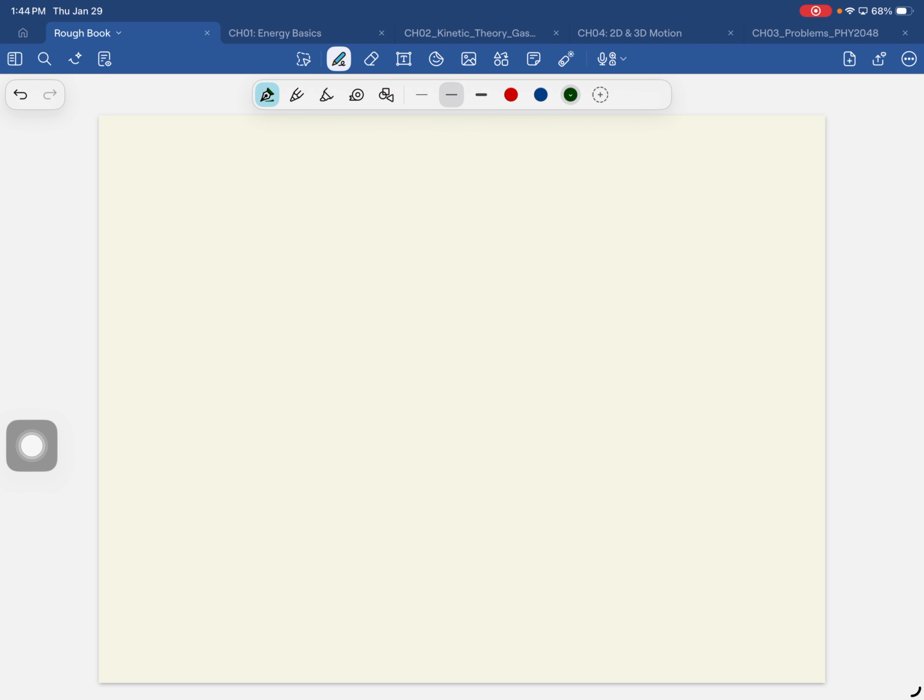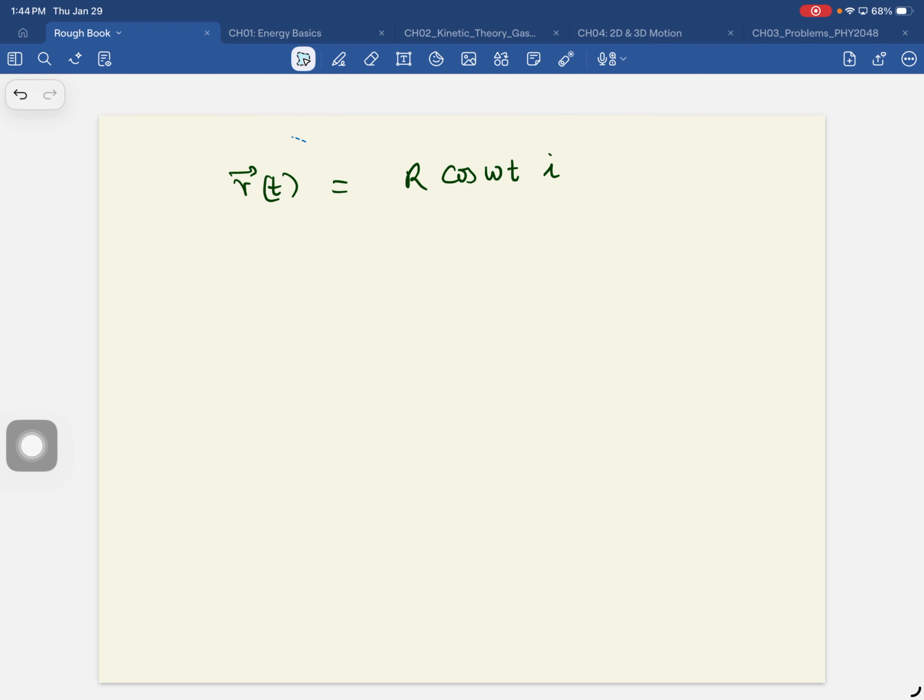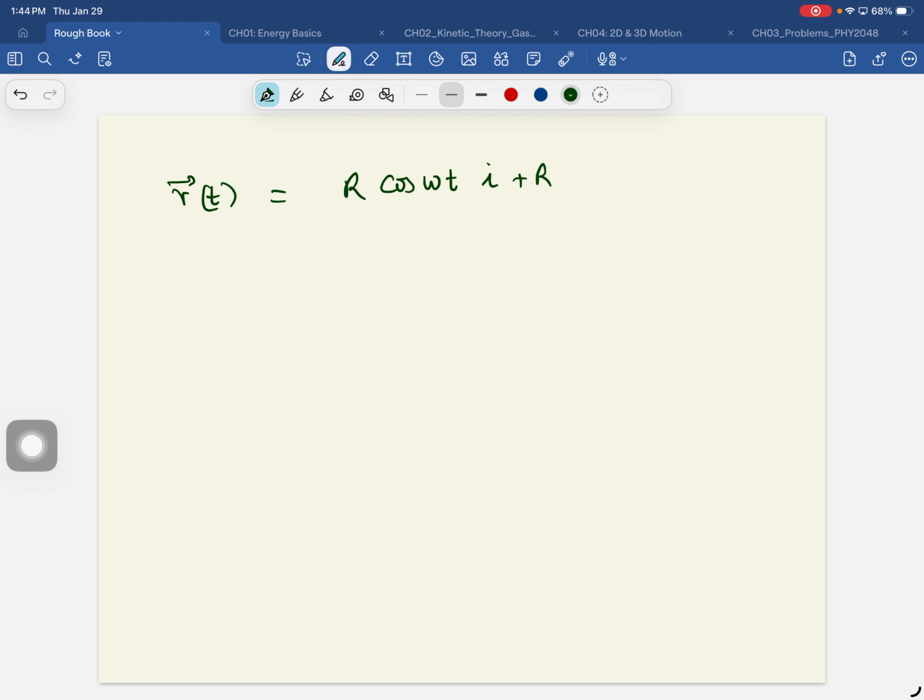So here's the function. At t equal to 0, your z coordinate is 0, your x coordinate is r, and your y coordinate is 0.